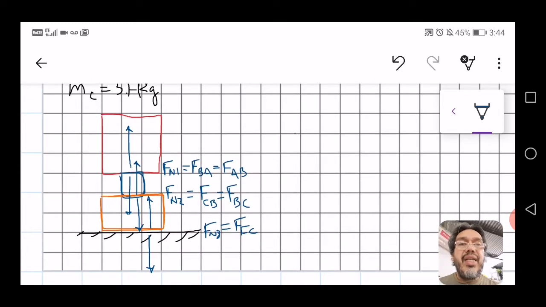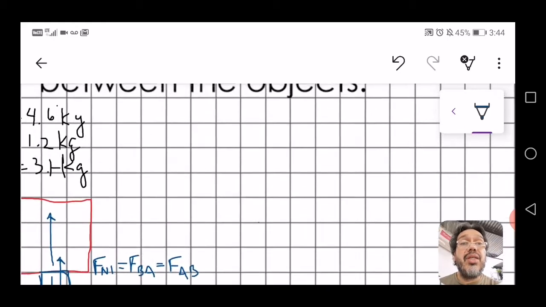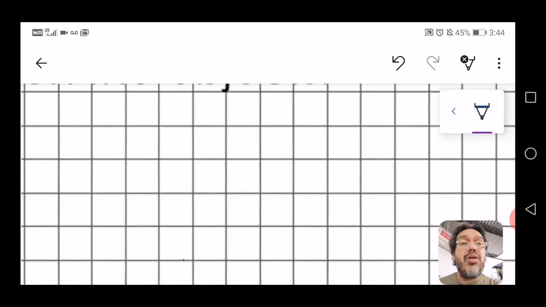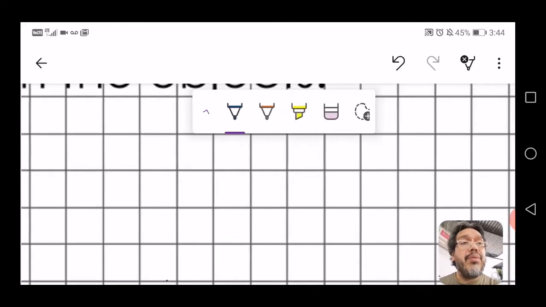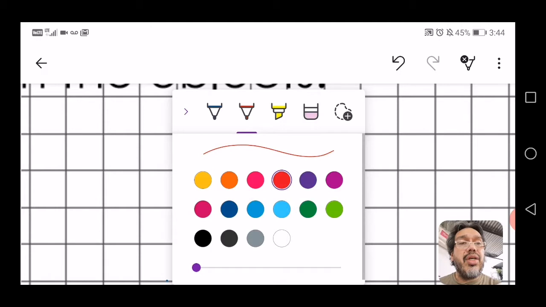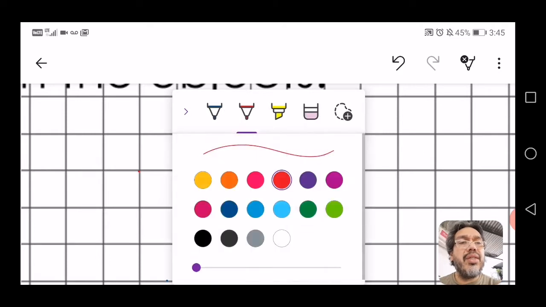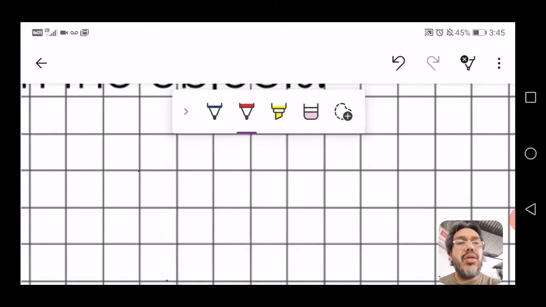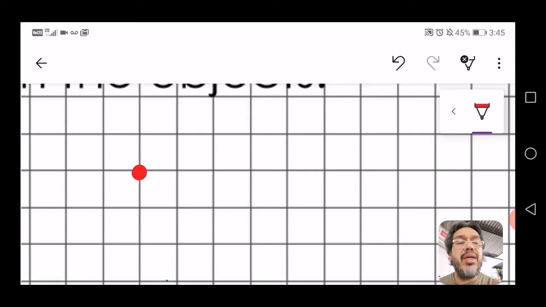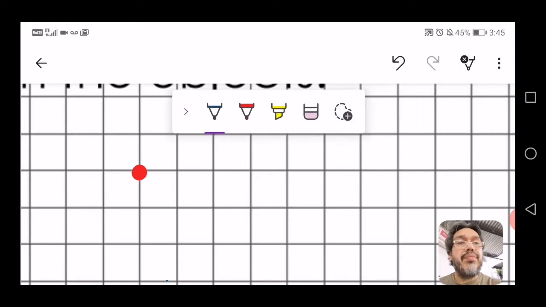So many times a greater understanding is obtained if you really think what is the interaction that is happening between objects. Because in this case, if you now come forward with your free body diagram, you tell yourself, well, probably the block that has the least amount of forces is the top one. So let's do a free body diagram of the top block.